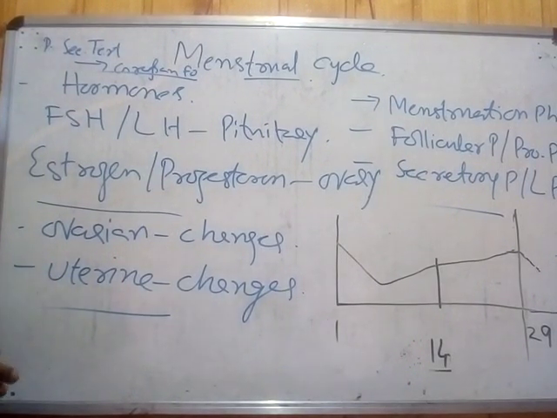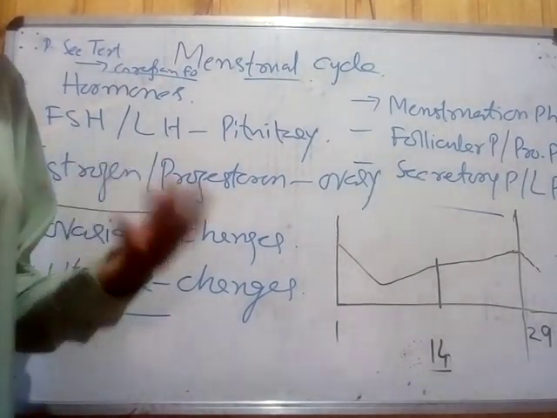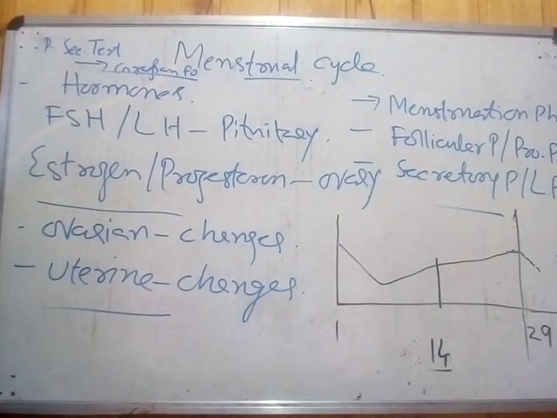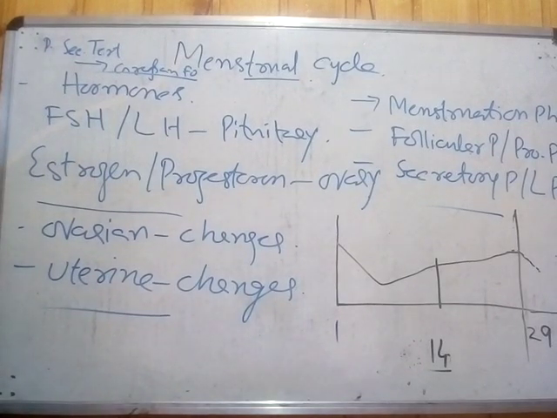At that stage, now the egg will be released from the follicle. Released from the follicle, released from the ovary, doesn't matter. And this marks the end of the follicular phase, and this process of release of egg from the Graafian follicle or the ovary is known as ovulation.